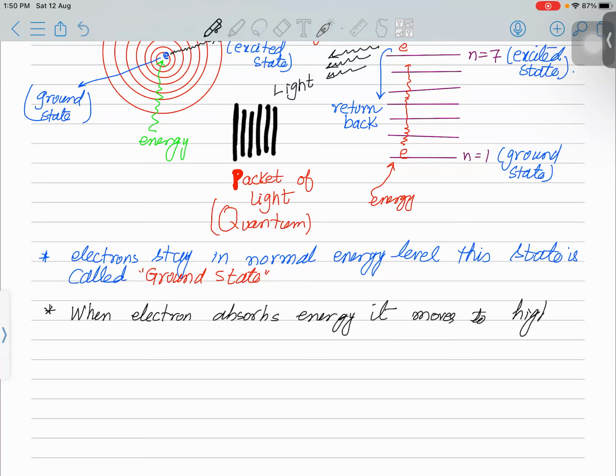That's why another name of shell is principal quantum number.